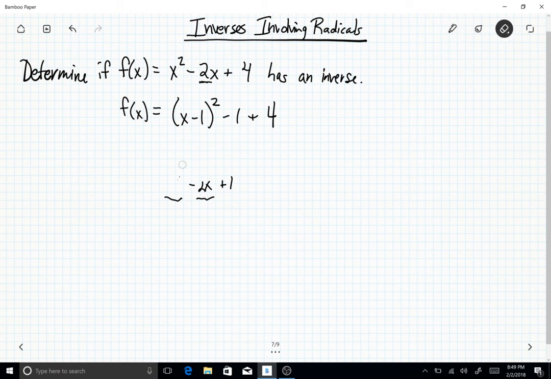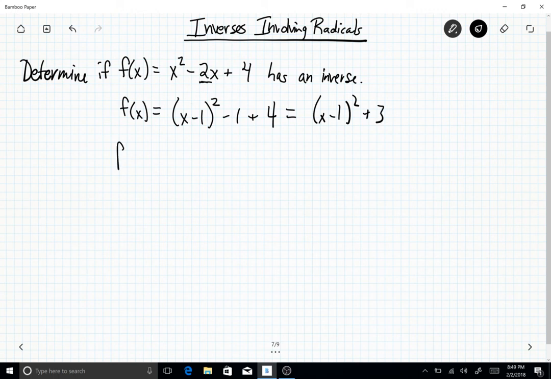Now I can take that and simplify it a bit more to be something like f of x equals x minus 1, the quantity squared, and then plus 3. So notice though, I'll write it one more time here, x minus 1, the quantity squared, plus 3, and hopefully you're good with your transformations of functions, because that can be useful here.